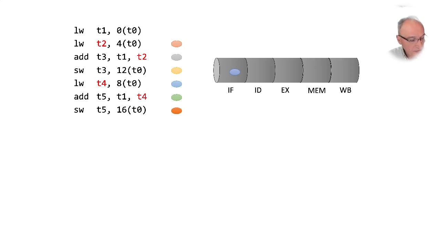So in the second unit of time, what happens is that the first instruction, that first load, moves to the decode stage, and the second load moves into the instruction fetch stage. In the next unit of time, my load moves into the execution stage, my second load moves to the decode stage, and my add moves into the instruction fetch stage.